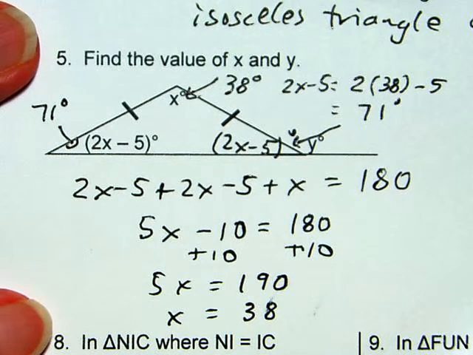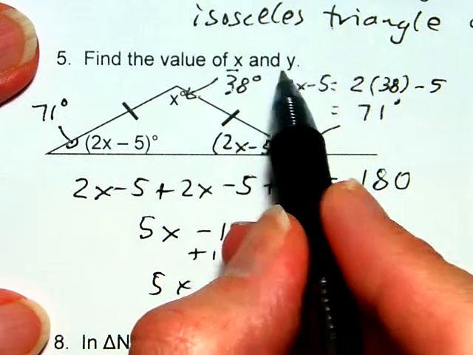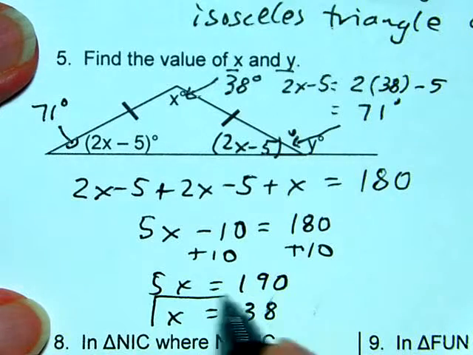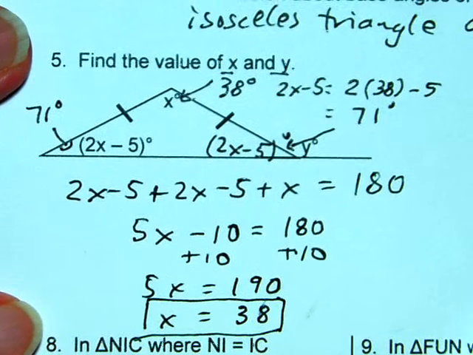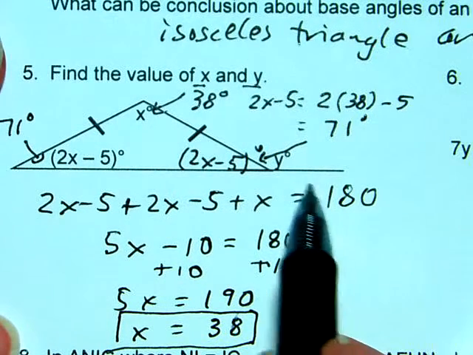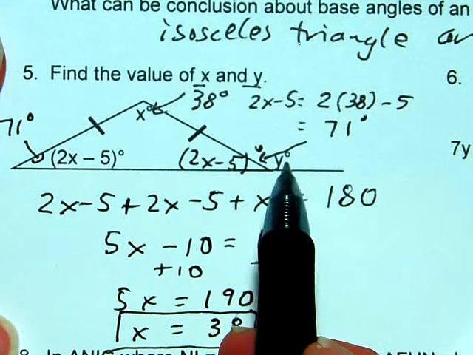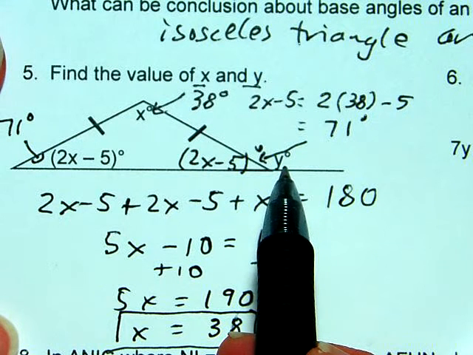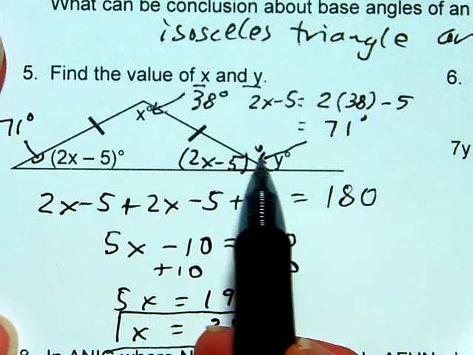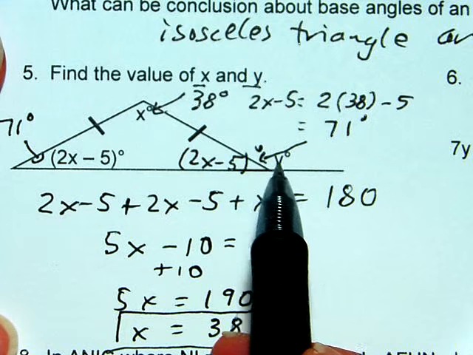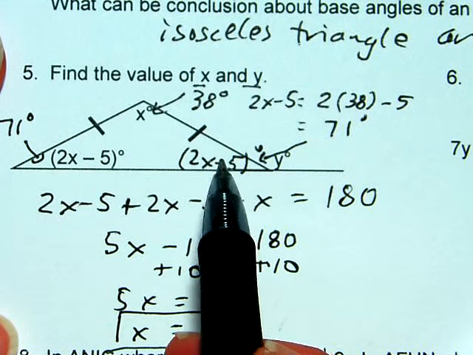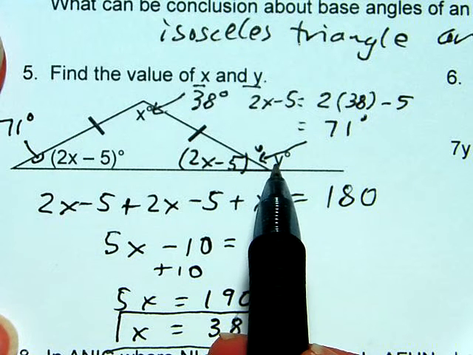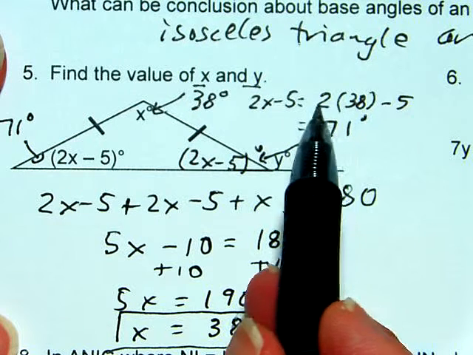But we were asked to find not only the value of x, but the value of y. So we found the value of x as 38, but what about the value of y? My diagram here got a little messy, but you can still see that y and the base angle are a linear pair. So the base angle plus y has got to equal 180. We already know the base angle is equal to 71.